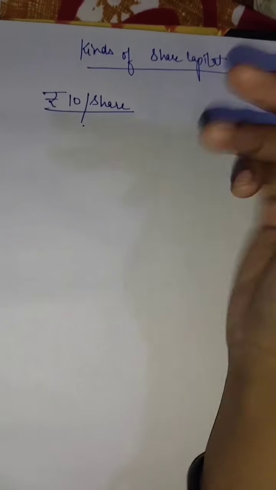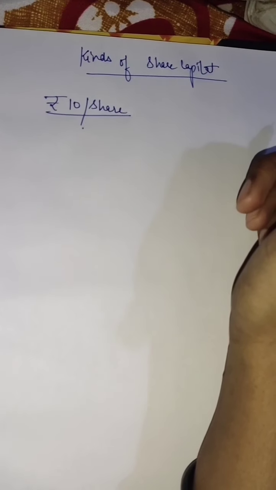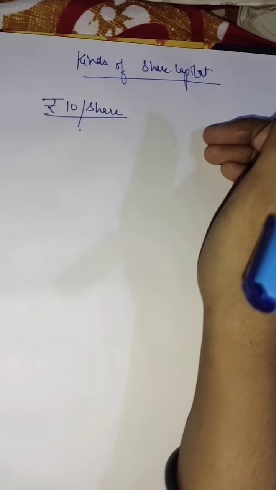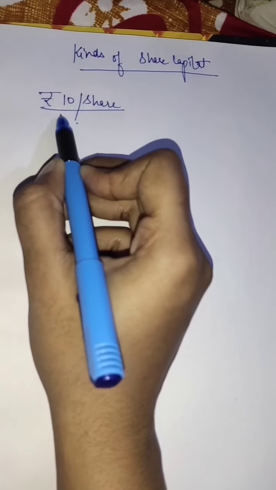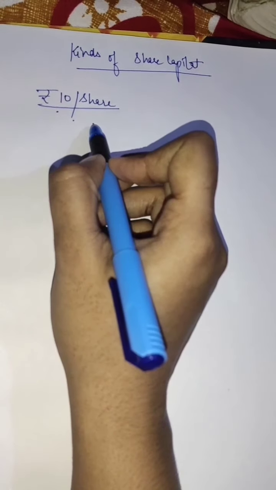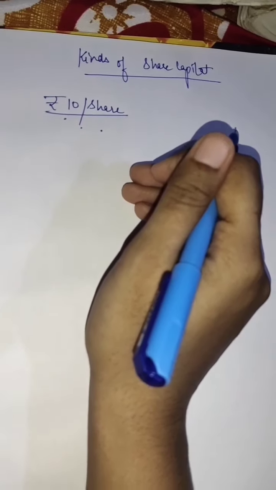Usually it's up to the company, but usually they do not demand the whole amount at once. They will first issue the share to the public. I mean, they will let the public know that we are issuing the share and the price of the share is 10. They will ask the public that if they are interested in buying the share, they can apply for the shares.